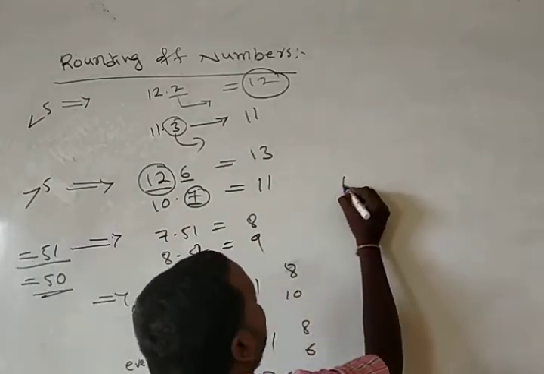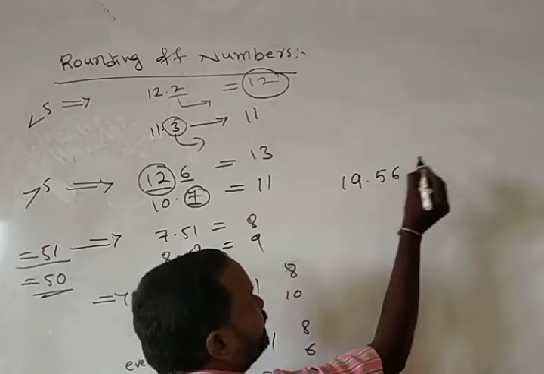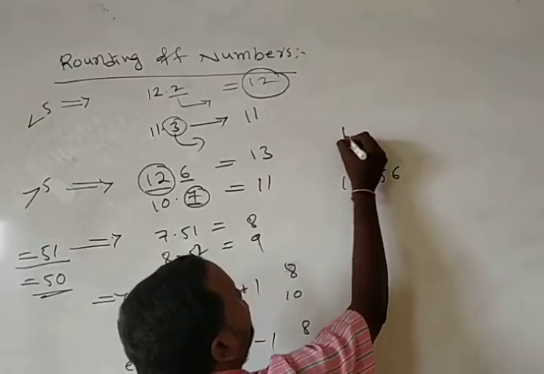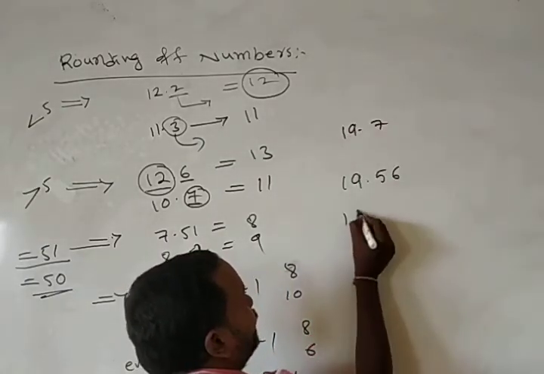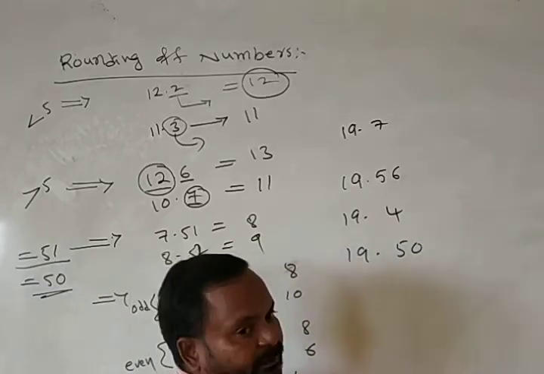Suppose for example 19.56 is there, 19.7 is there, 19.4 is there, 19.50 is there.